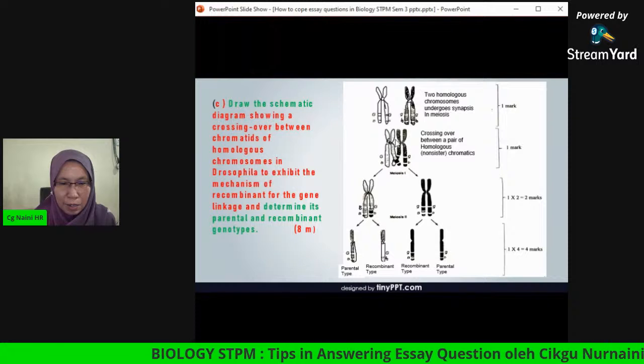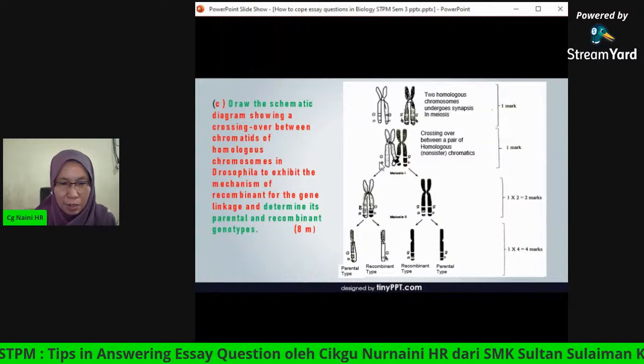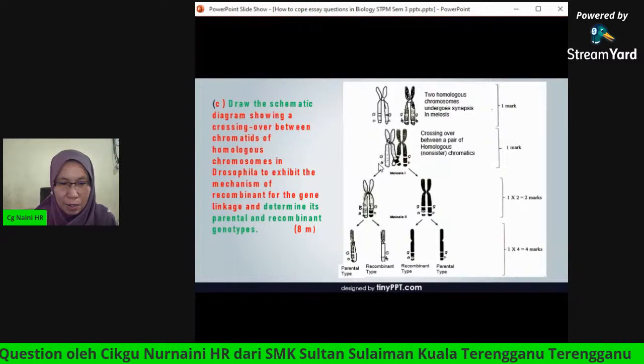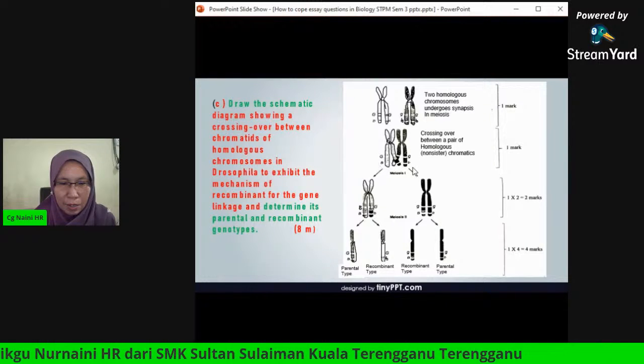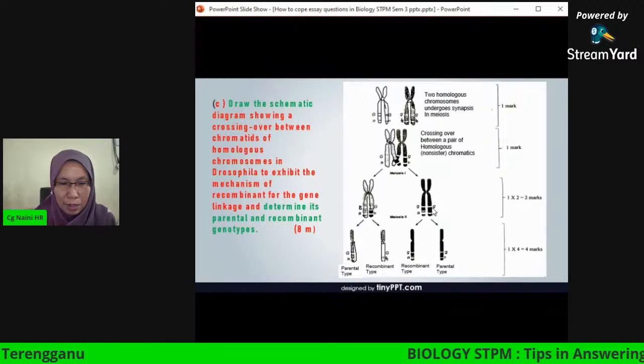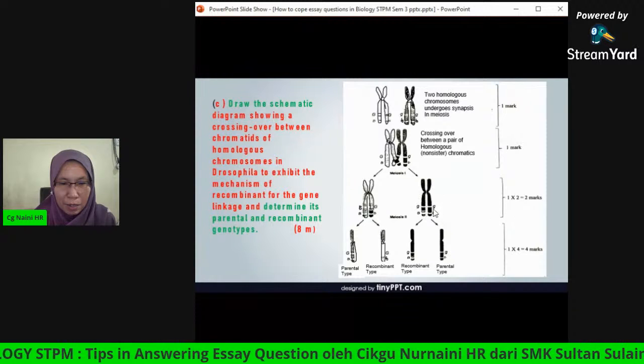If you want to draw the chromosome, it's allowed, or you can draw in genotype. You can use a gamete line, and then the gametes will show this. Each genotype of the offspring given correct, you get 2 marks. This is for F1.